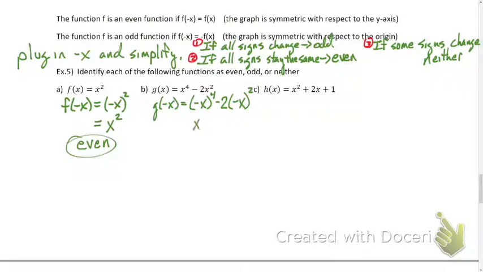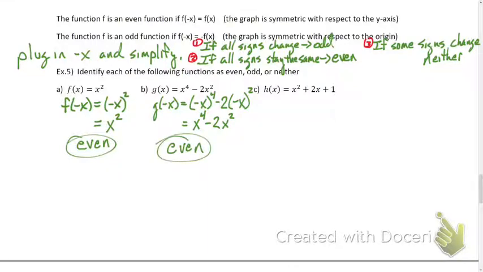So positive x to the 4th. And we already did that far right one on part A. So this negative 2 stays, but that negative x became positive x squared. So those signs look the same as what I typed. So even again.